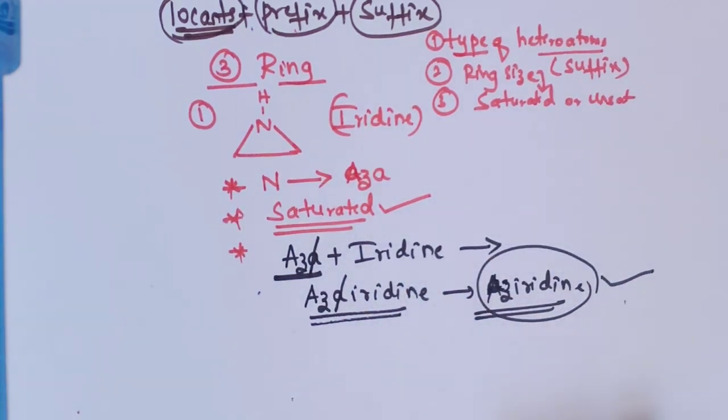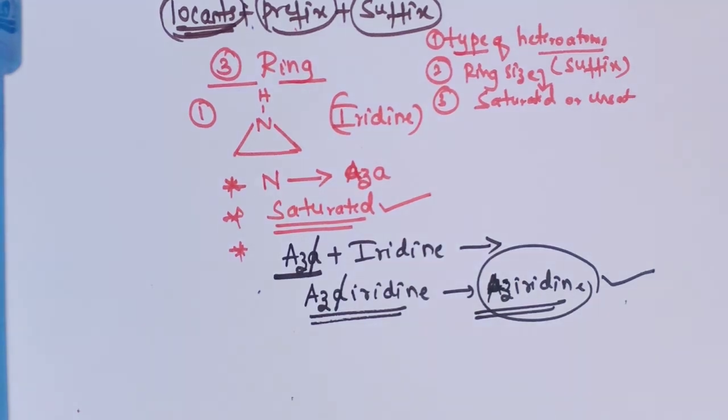This is the naming for the 3-membered ring. We should check whether the nitrogen is present and whether the compound is saturated or unsaturated. Now let's take the example of a 4-membered ring.